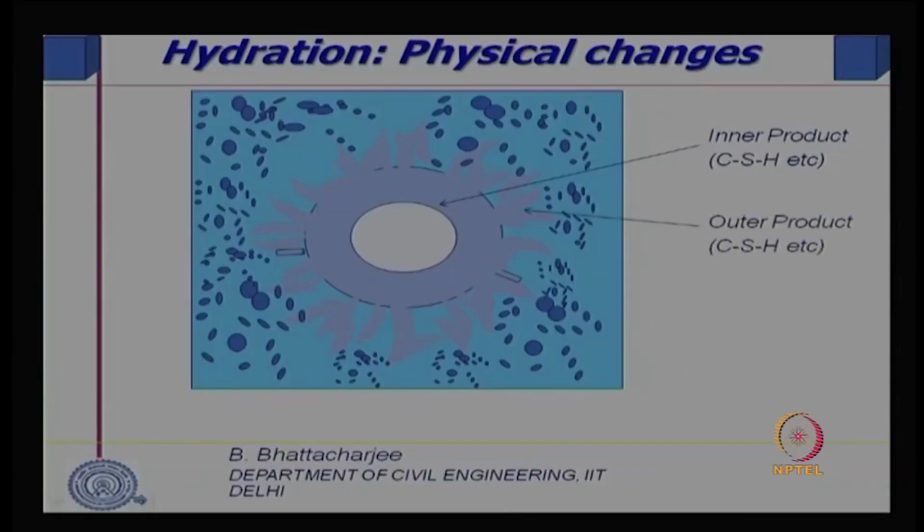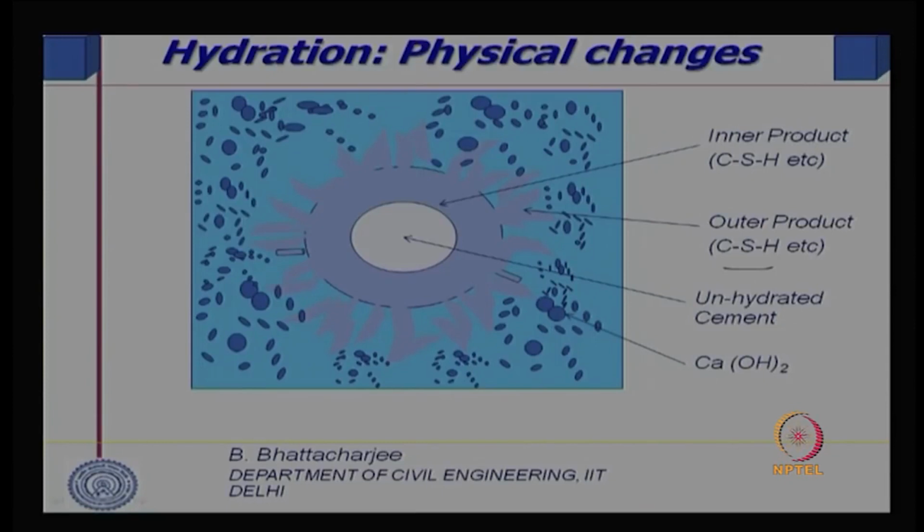So, some product will be produced within that zone where the original cement was, where water has entered and produced the hydration product; that we call inner product, and some product will be formed outside this, and we call it outer product. Now, outer product obviously will have CSH, but it will also have some calcium hydroxide.